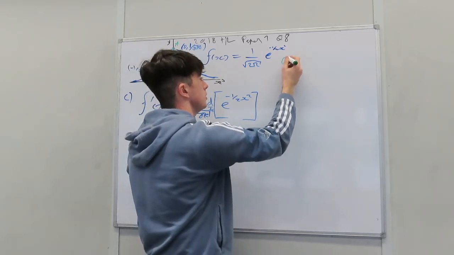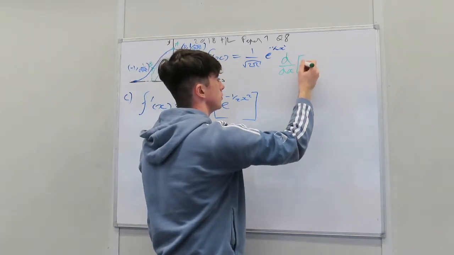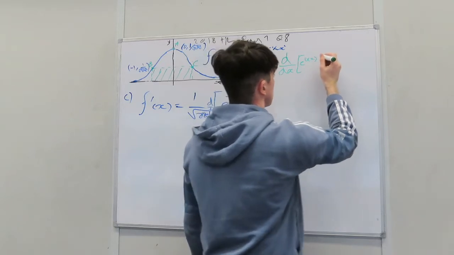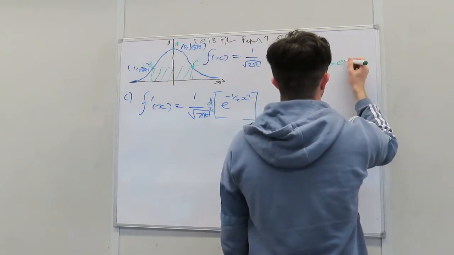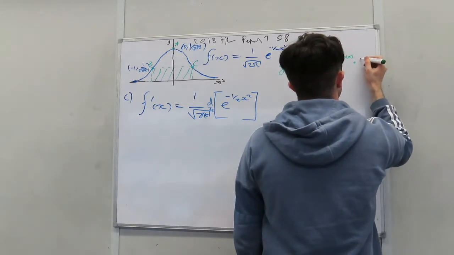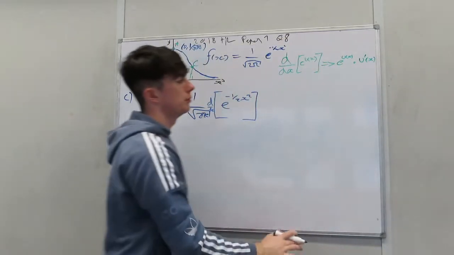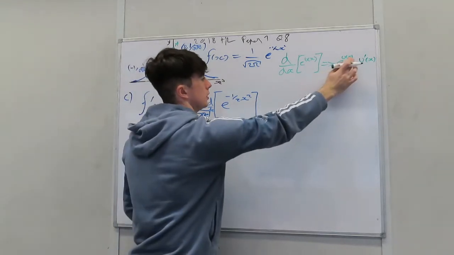We do d of e to the u(x), it comes out as that, and we just multiply it by the differentiated version of u(x).